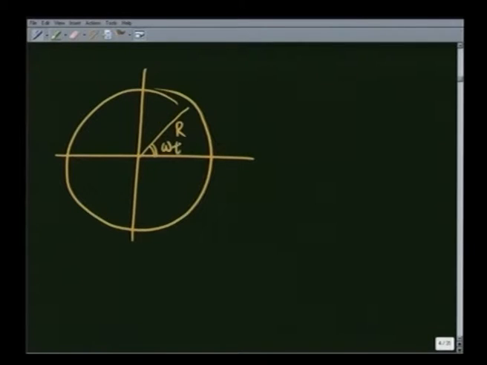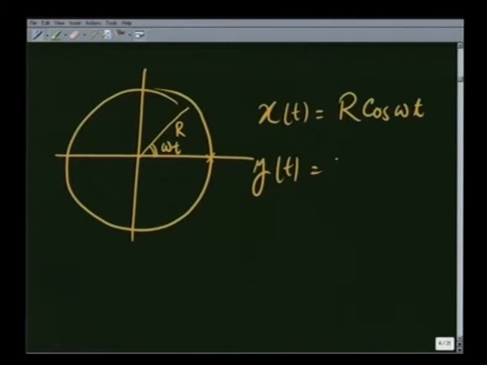So, that this angle is omega t if the particle started from here, then its x coordinate with time would be given as r cosine of omega t, and the y coordinate will be given as r sine of omega t. Both are functions of time.